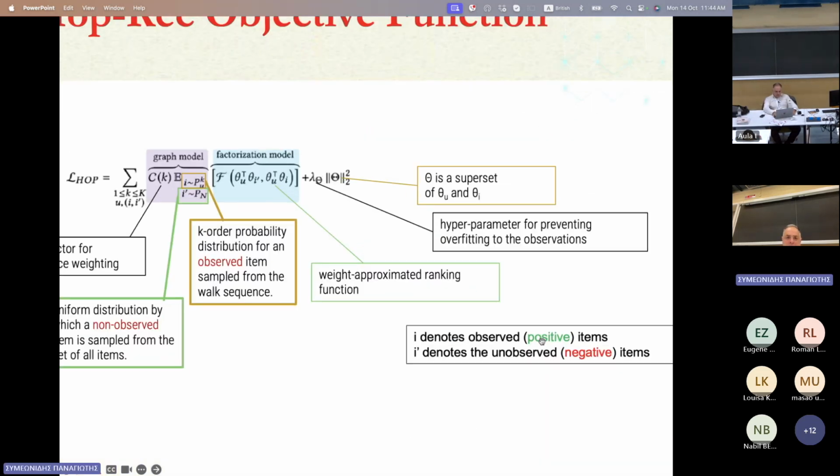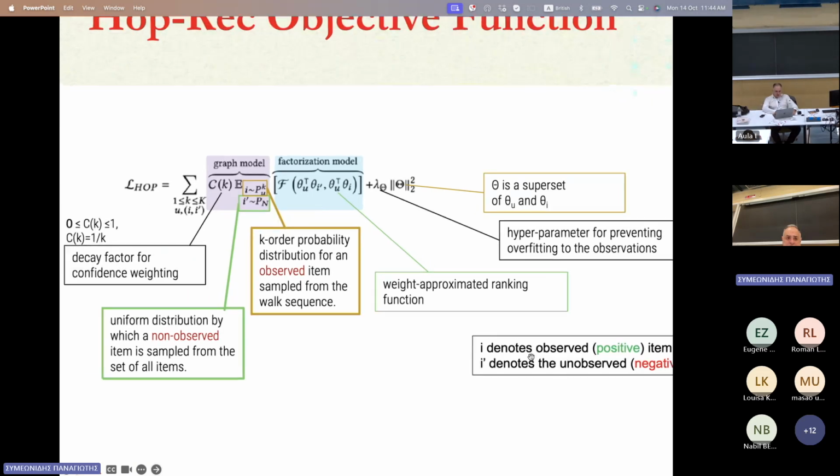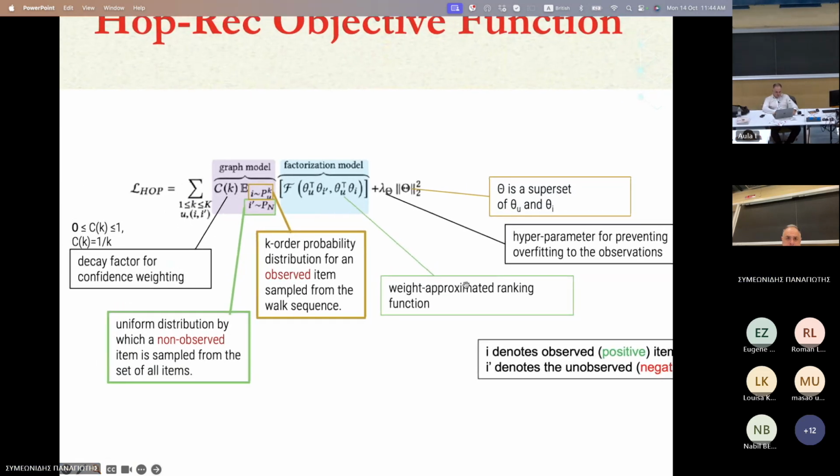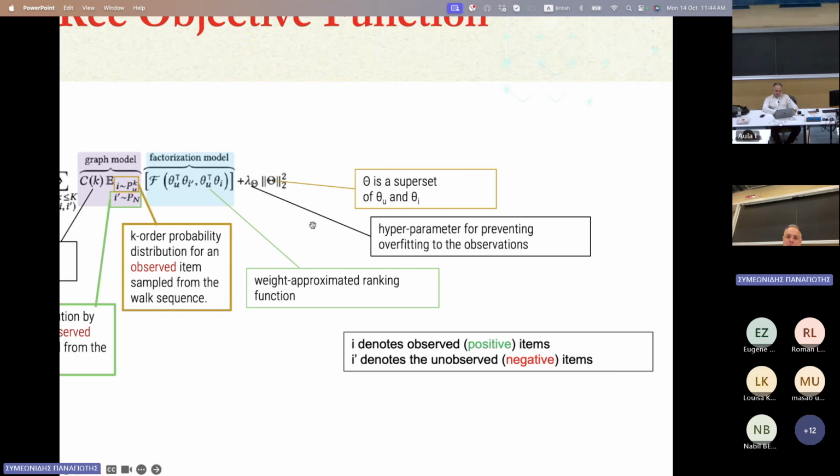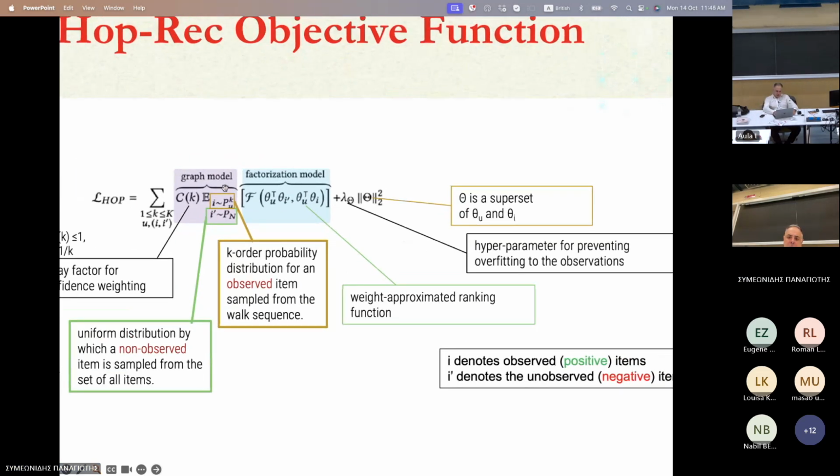And here we can see the objective function, the loss function. As we discussed, there is the factorization model. This is the Bayesian personalized ranking method factorization model. As you can see here, there is i and i prime.